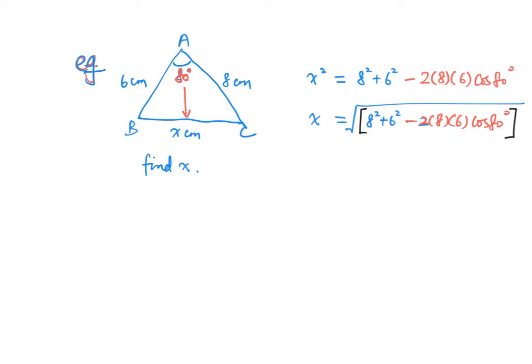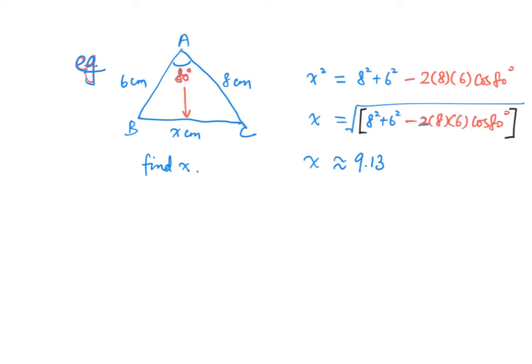So x is approximately, let me use the calculator, square root bracket 8 squared plus 6 squared minus 2 times 8 times 6 times cosine 80 degrees, close bracket. So execute. I get around 9.13, correct to 3 significant figures.